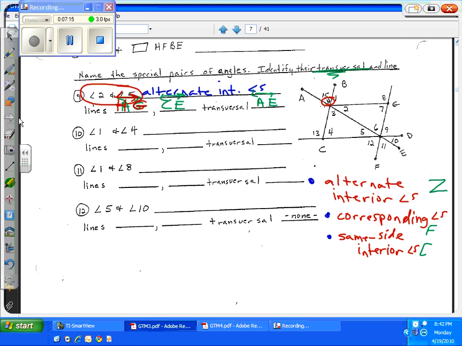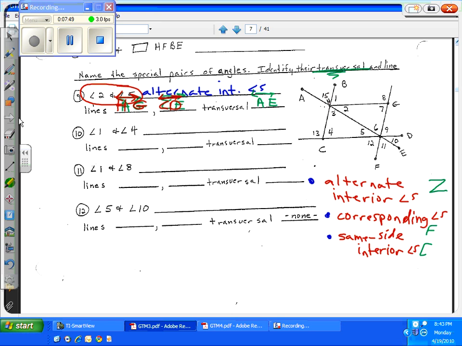You may have noticed that earlier. And I called that bottom one CE, and it's really not CE, it's CD. I had a lot of stuff in the way. So the lines here for number 9 were line HG and line CD. And the transversal was line AE, which we could have also called line HE. Okay?